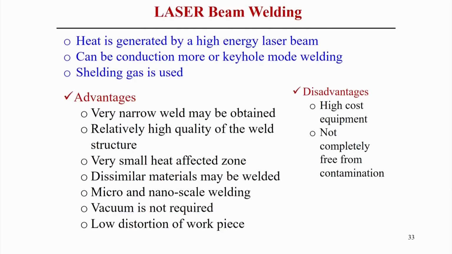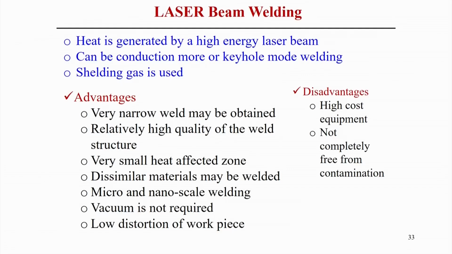That means the aspect ratio between the depth of penetration and the width is relatively more in the laser welding process as compared to the other arc welding processes. Another point about the laser welding process is that it can be used in either conduction mode or keyhole mode, depending upon the requirement. Conduction mode welding means the aspect ratio, that is the depth of penetration to width, is relatively low as compared to keyhole mode welding.